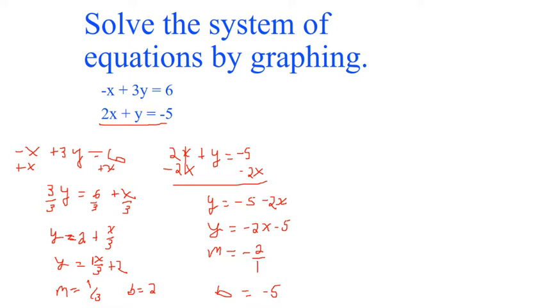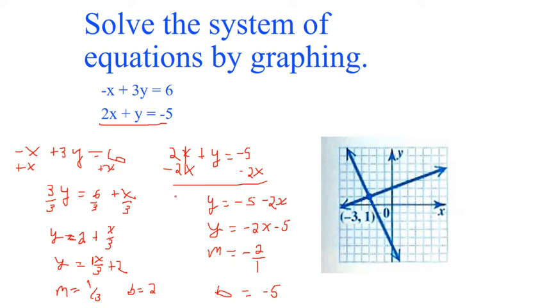If I plot these two equations, the graph will look like this. So right here, the y-intercept is 2. I'm going to go up 1 and 3 over. So this is the graph of negative x plus 3y is equal to 6.